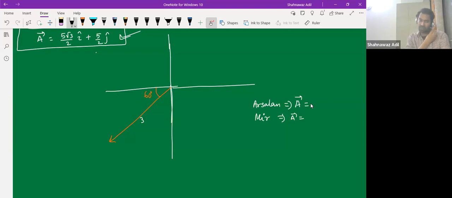This is most crucial, right? So 3 is the magnitude, right?